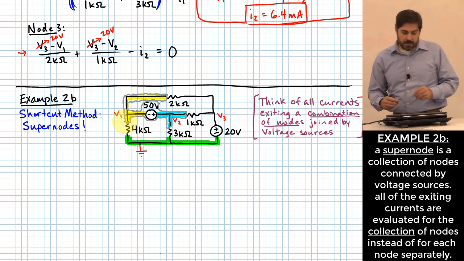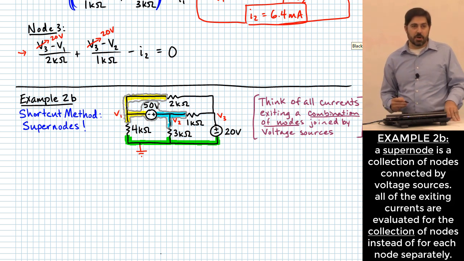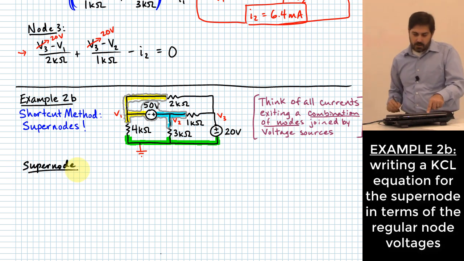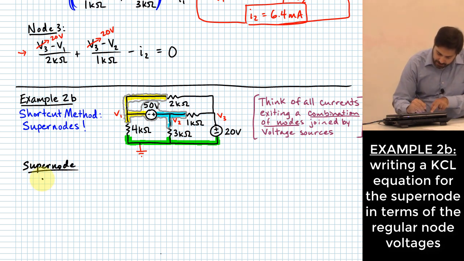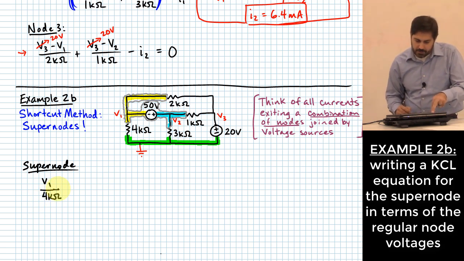So let's do an equation for that supernode, a KCL equation for the supernode. What I will have there is V1 over 4 kiloohms, exiting. Where else do I have flows into or out of the supernode?